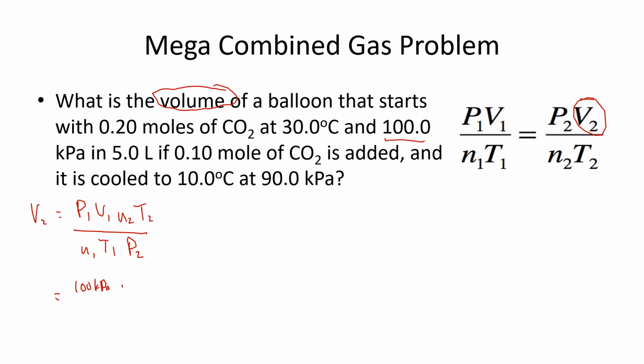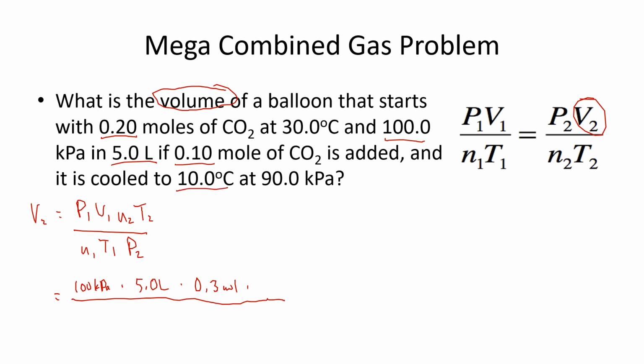The initial volume, 5 liters. Great, 5.0 liters. We keep going on the top here. The new number of moles. We added 0.1 moles to 0.2, so that means the new number of moles is 0.3 moles of gas. The new temperature, 10 degrees Celsius.